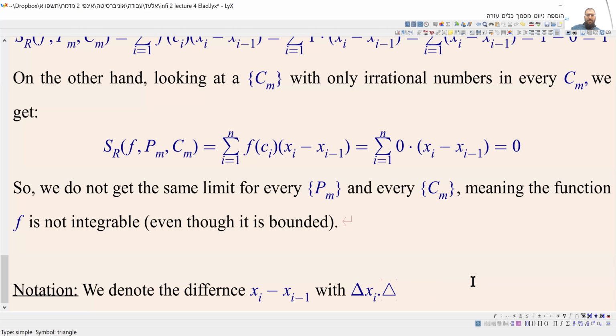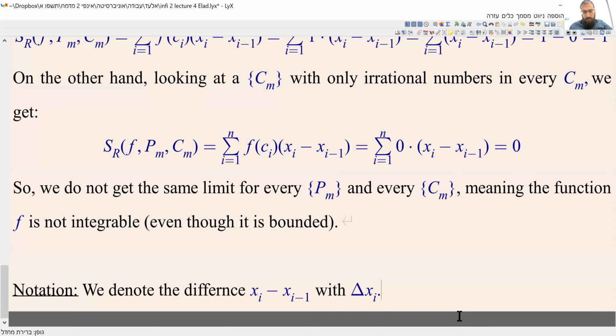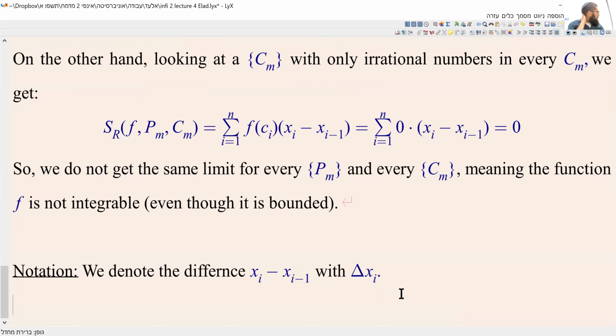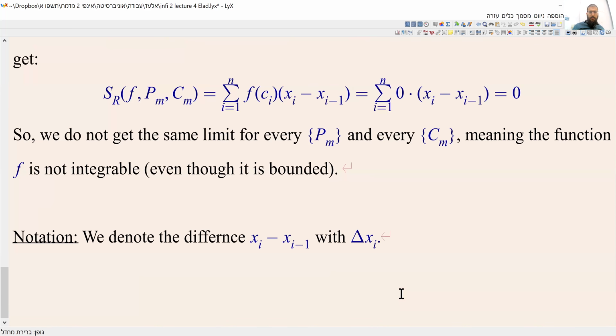So it's delta. But one can write xi minus xi minus 1, it's completely fine. That's what we did in the last hour. Okay, that's our notation. Any questions before we move on?